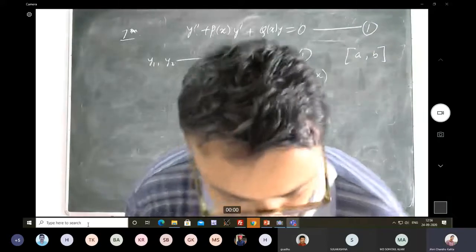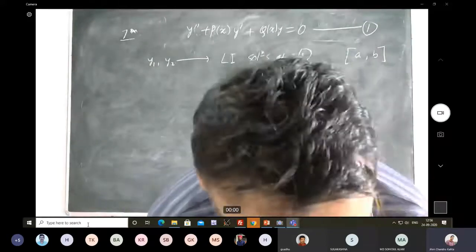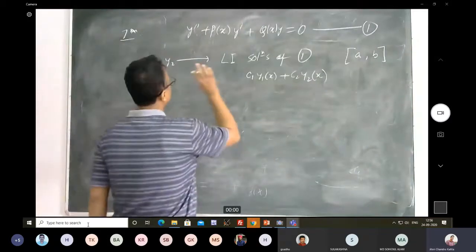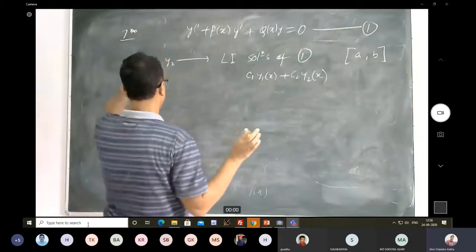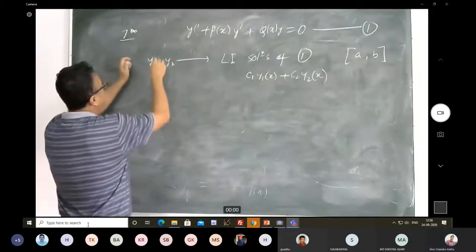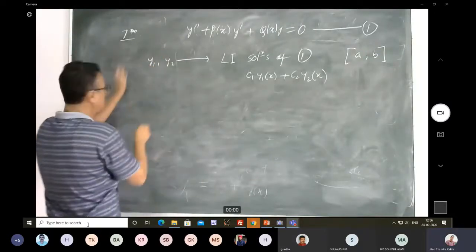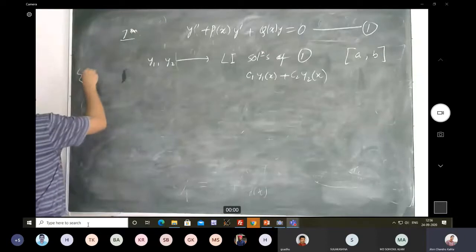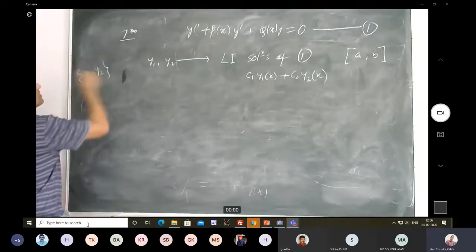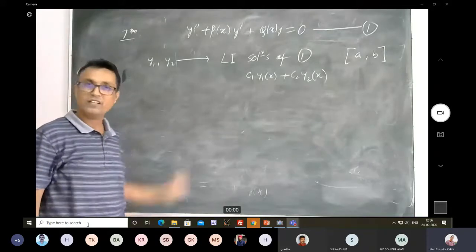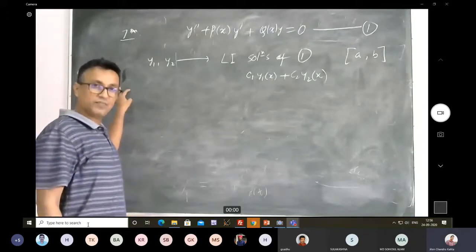So what does it tell you? See, remember one thing. Here, I have been given y1, y2 as a specific set of solutions. This is a specific set.